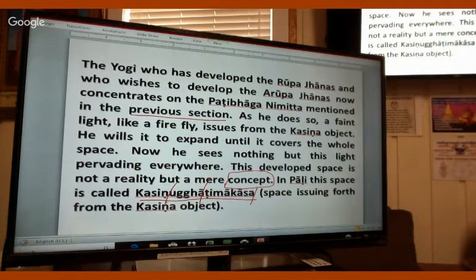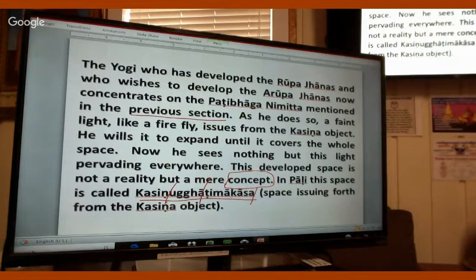Similarly, that kind of lighting, you don't pay attention to that lighting. So instead of the lighting, a hollow space appears at the time. That kind of space we call akasa. That's why here, Kasinugghatimakasa: the space assumed from the kasina object, we say like this.